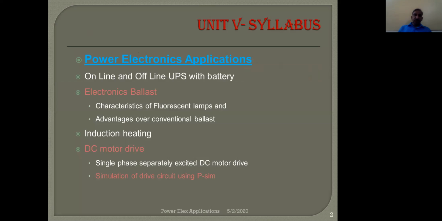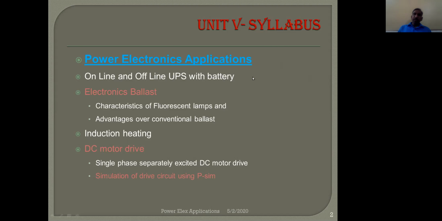First one, we'll cover power electronics application range and depth of power electronics application, a general discussion, followed by online and offline UPS with batteries or with other storage sources. Because UPS is one of the major applications for power electronics, it comes under power supplies and backups.